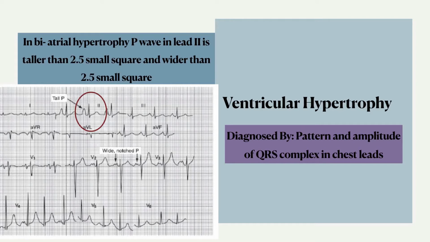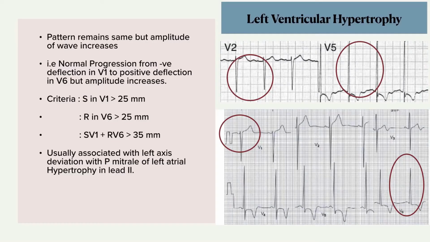Ventricular hypertrophy. Ventricular hypertrophy is diagnosed by the pattern and amplitude of QRS complexes in chest leads, that is from V1 to V6. We already know the normal pattern of QRS complexes from our first module. Let us revise it again. In lead V1, we get a small R wave and deep S wave.